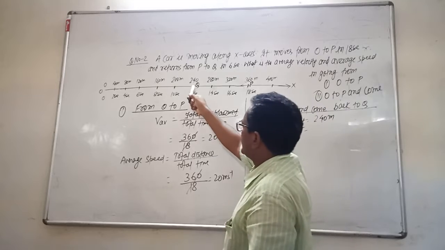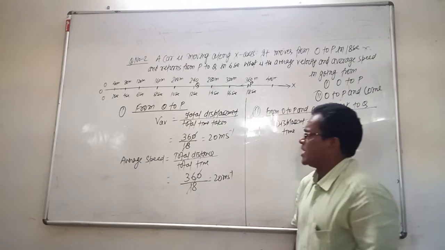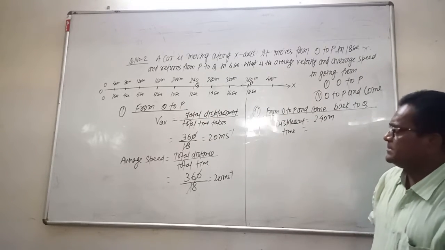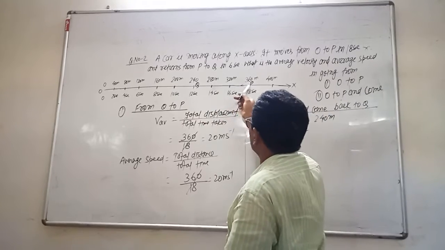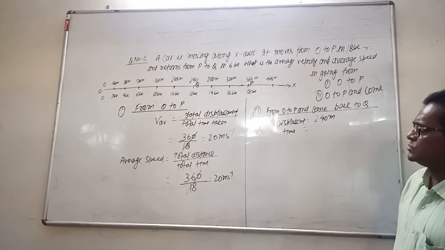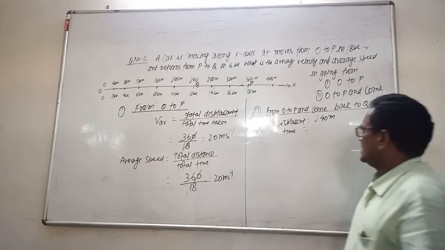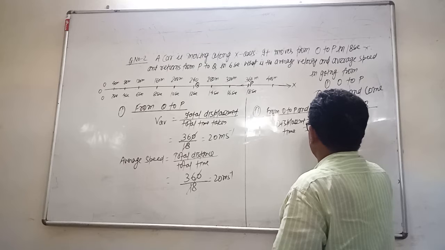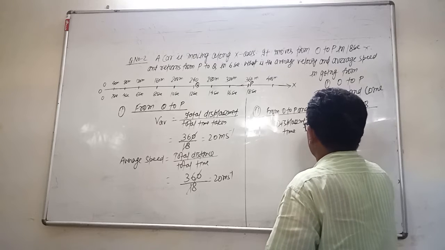And the time taken, when it returns back to the Q point, is the total time. In going from O to P, it takes 18 seconds, and it returns back from P to Q in 6 seconds. So total time is 18 plus 6, 24 seconds.